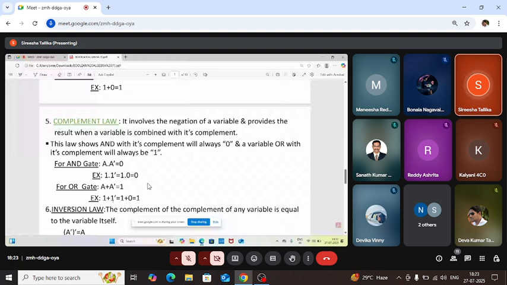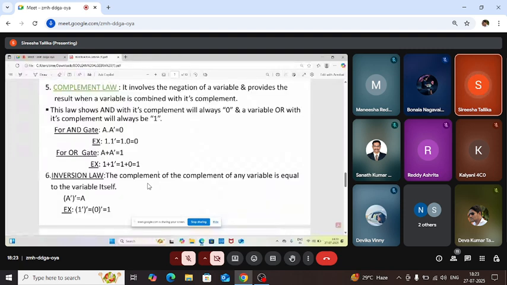Next is the inversion law. The inversion law means we first apply the complement of a variable, and then we also apply the complement of the whole thing. So if we apply the complement two times, the output will be the original value itself.